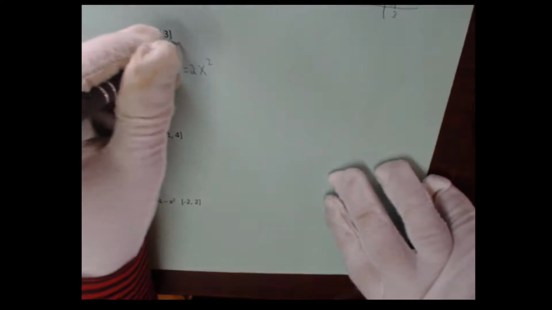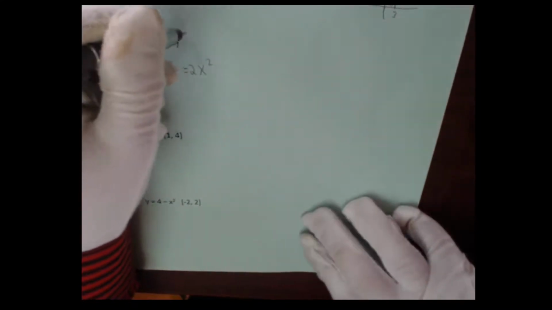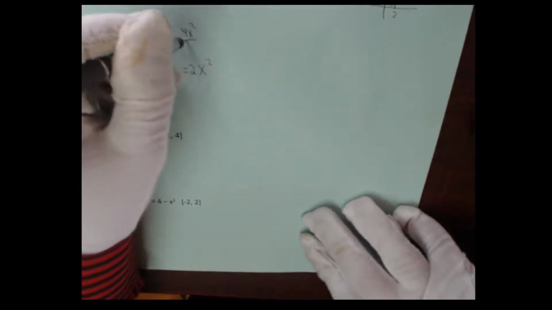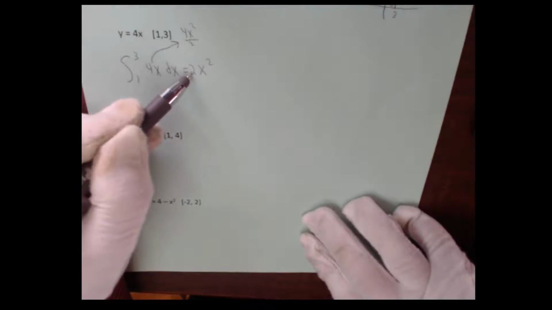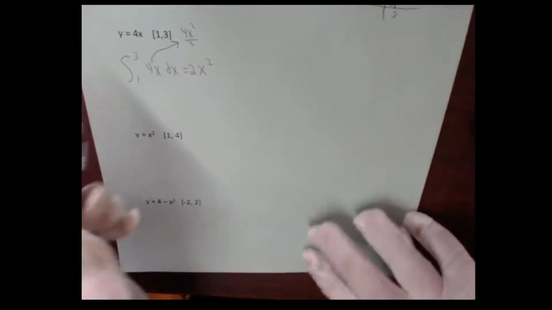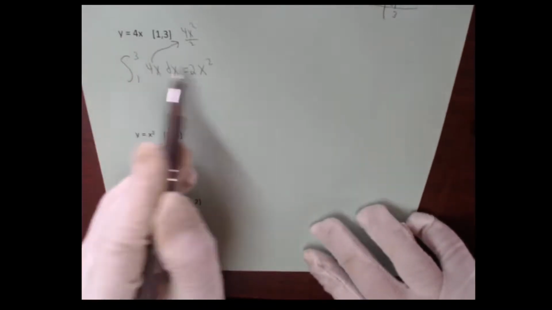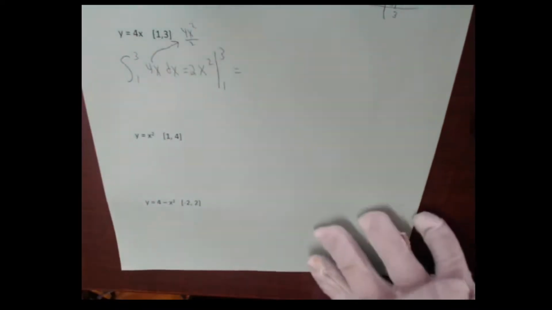Another way you could have got there is by doing 4x. The antiderivative of that is 4x squared over 2 because the 2 comes down and cancels, and 4 divided by 2 is 2. So just play around with these integrals a little bit. If you really get stuck on one, let me know and I will tell you what it should be. So integral of 4x is 2x squared, and we are going to evaluate it from 1 to 3.